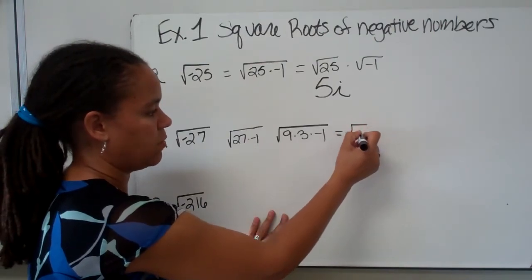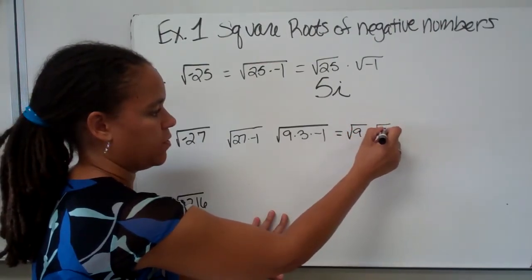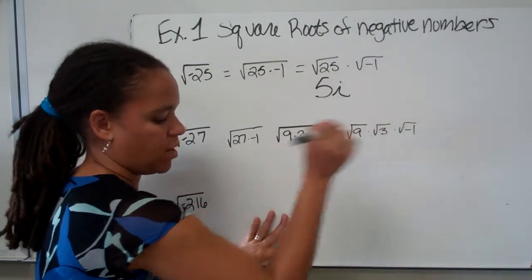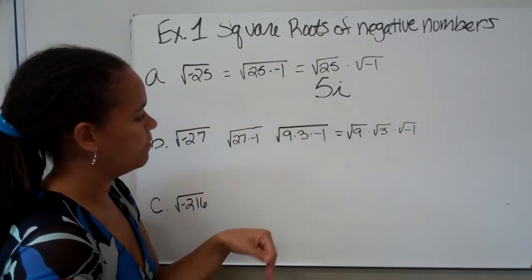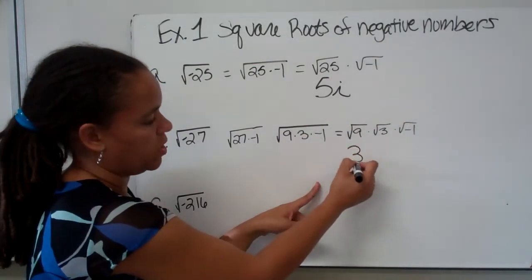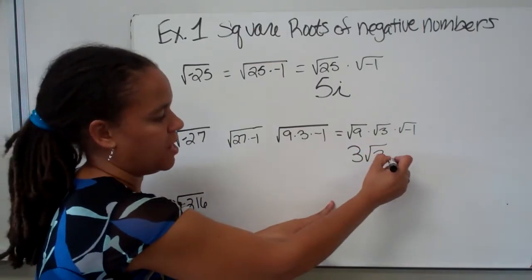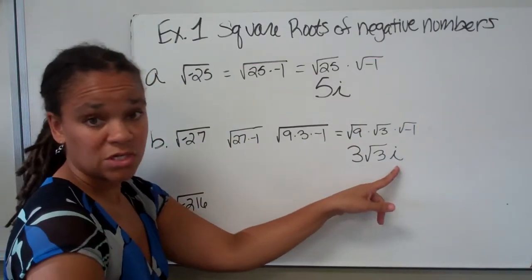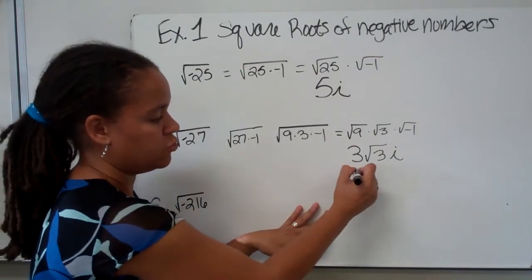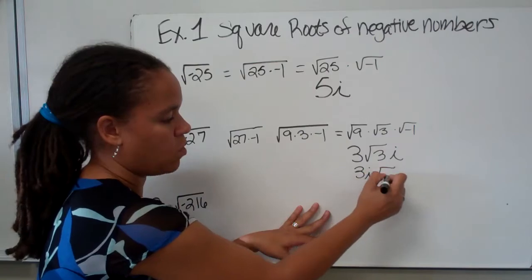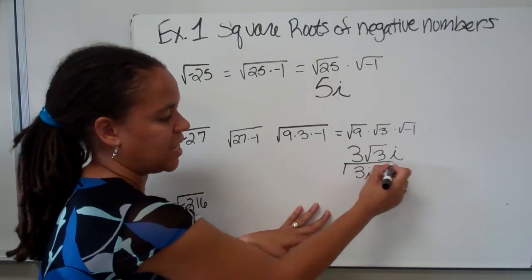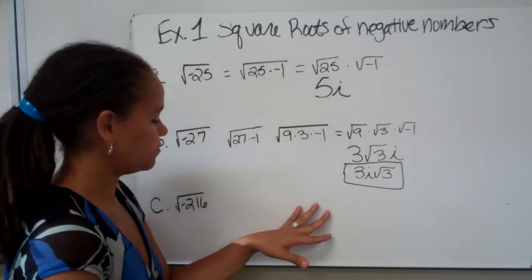So this is the square root of 9 times the square root of 3 times the square root of -1. So I have them all broken down. Square root of 9, of course, is just 3. Can't do anything with radical 3. And then this is just going to be i. But just the way you will normally see it written, usually the i comes before the radical. So this is actually how you would see it written.